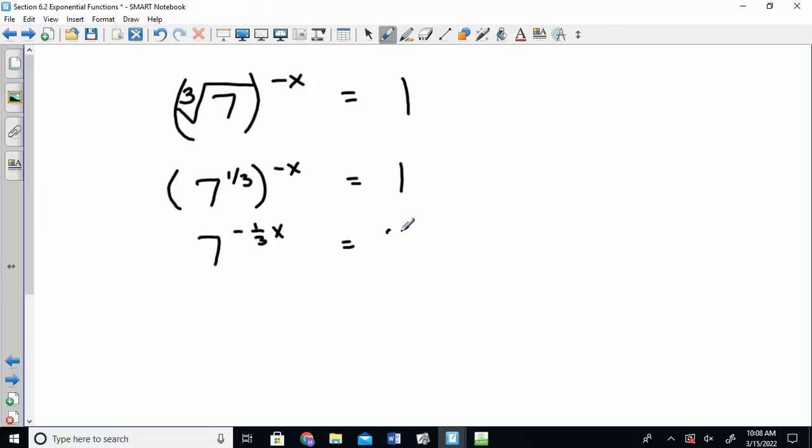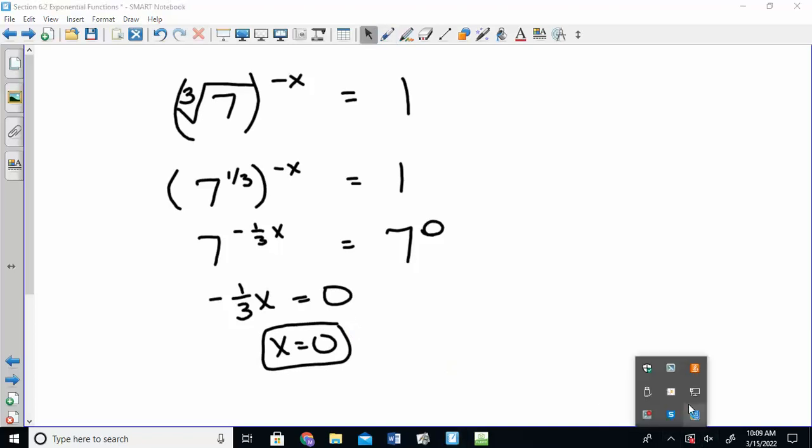What do I need my base to be? 7. We need it to be 7. Does 7 to some power equal 1? 0. Anything to the 0 power is 1. So then negative 1/3 x equals 0. Divide by negative 1/3, and x is 0.